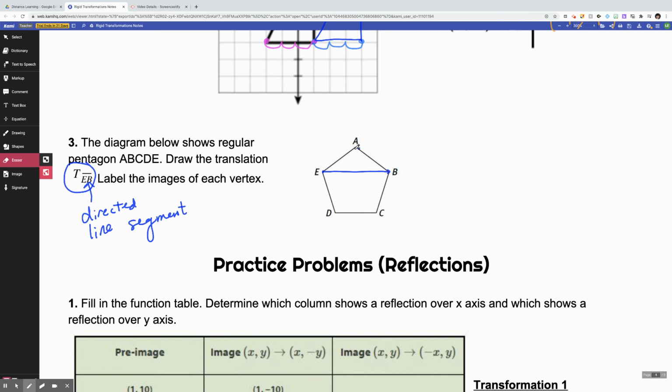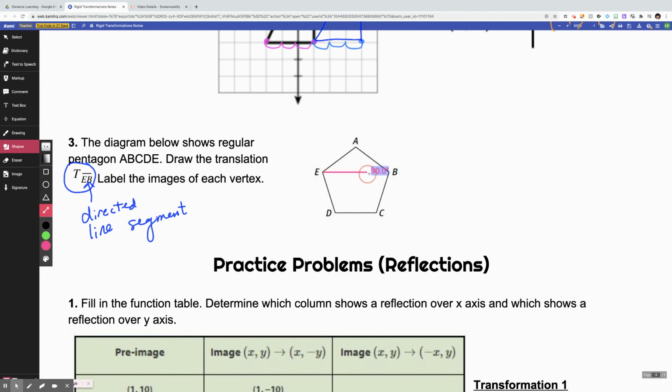Okay, so what I'm going to do is I'm going to take all 5 of my coordinate points here, and actually I'm going to do this not with this drawing tool, but with my line tool in Kami, so that it'll be kind of the same when I draw these.